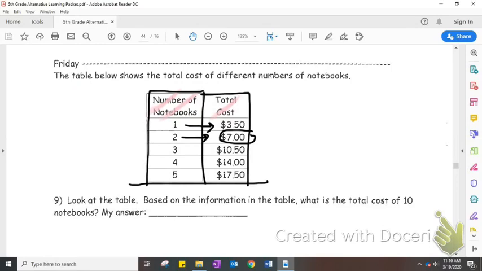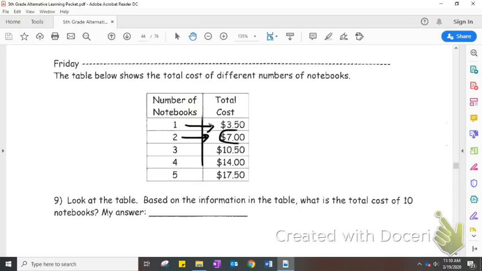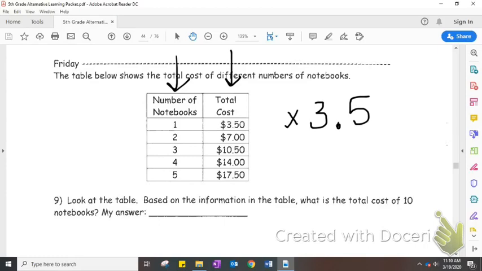All right. To get from this column to this column, I am multiplying 3 5/10. By the way, that kind of makes sense. If a notebook is $3.50, then if you buy 3 of them, you'd be doing 3 times $3.50.